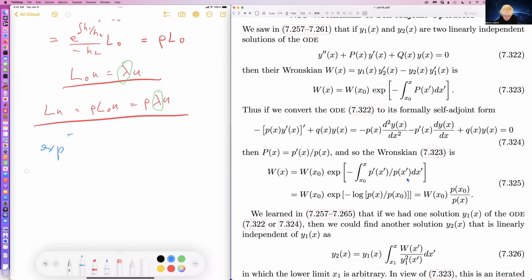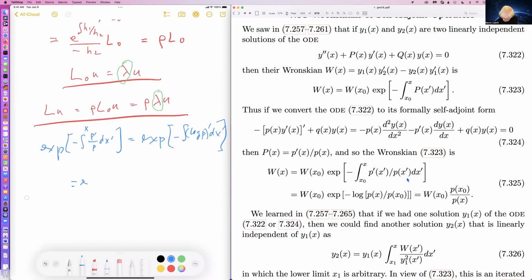exp of minus the integral up to x of p prime over p dx prime. Well, this is exp of minus the integral of log p prime dx prime.